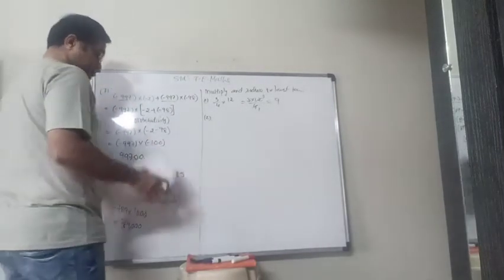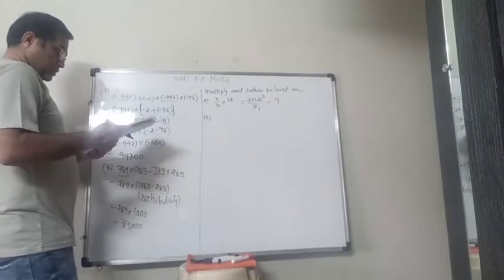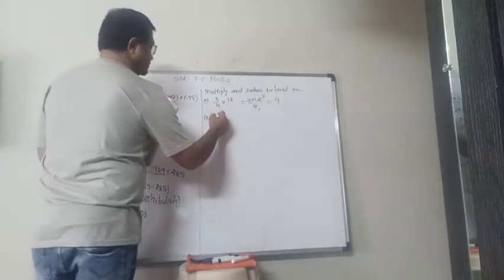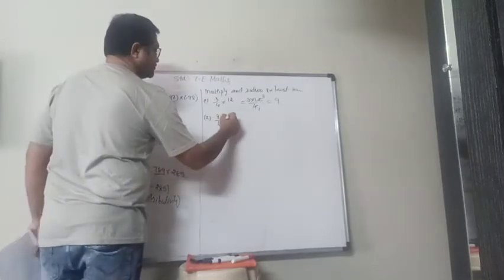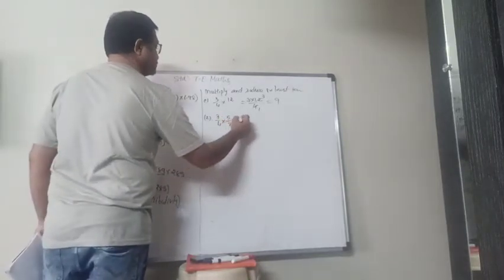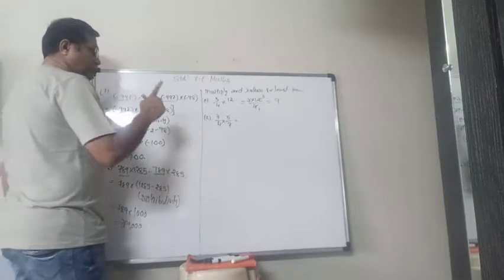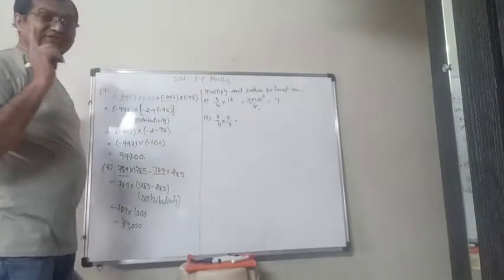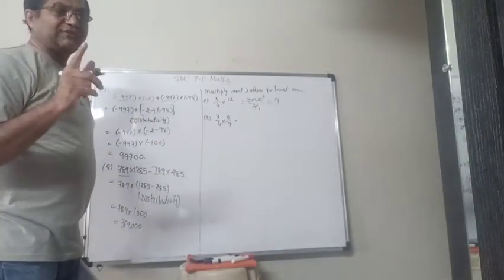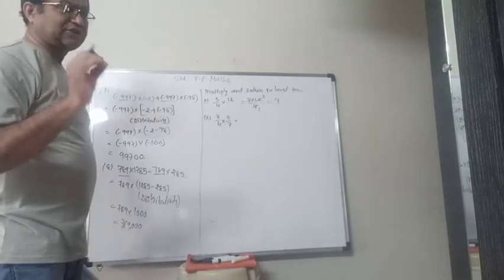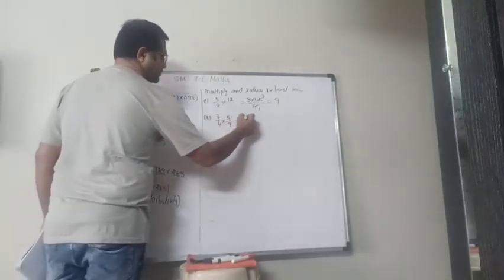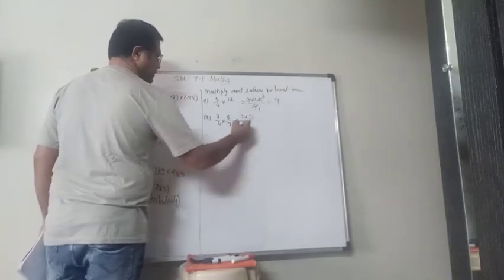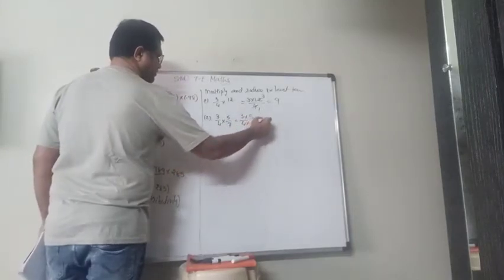Next, 3 by 4 multiplied by 5 upon 7. So, whenever you multiply, you don't have to take LCM, remember. LCM we must take only when there is addition or subtraction. So here numerator to numerator multiplication, denominator and denominator.